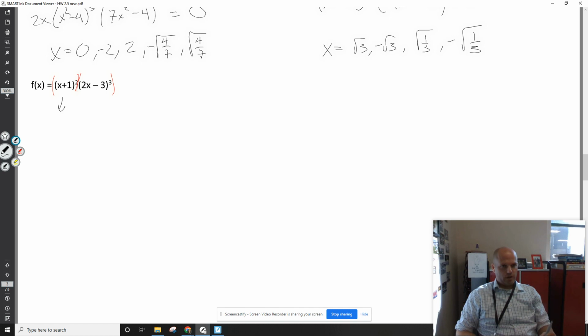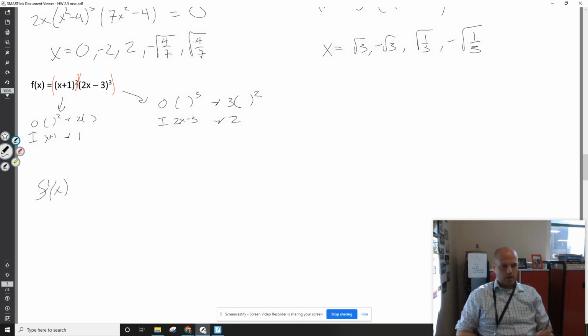So the first derivative, O and I, stuff squared, x plus 1, 2 stuff 1. The second derivative, which we will worry about as we do the product rule, stuff cubed, 2x minus 3, 3 stuff squared, 2. Okay. Product rule, guys.